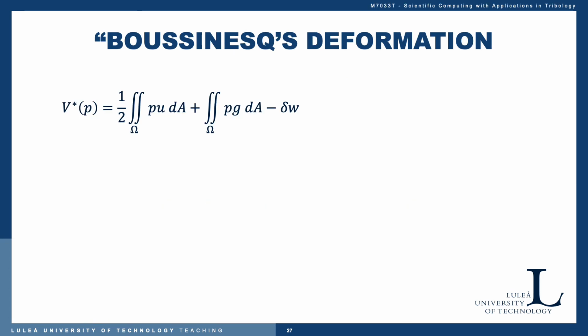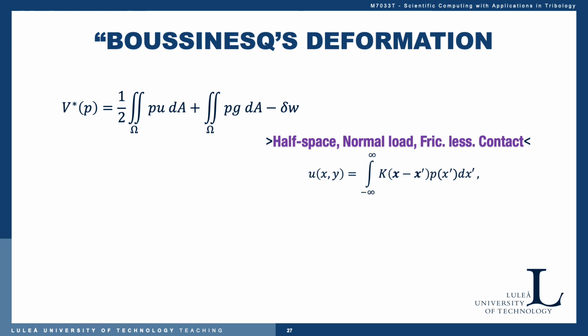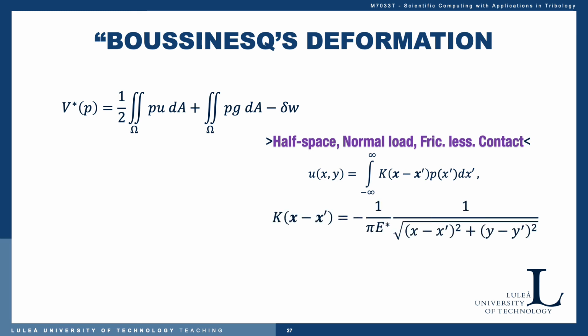We recall that Boussinesq's equation defines the relation between the deformation and the pressure, and we can therefore insert this expression into the equation for the total complementary potential energy. If we do this for a 3D half space, we have the kernel looking like this, colored in bold X, because with this I mean X, comma Y, of course.